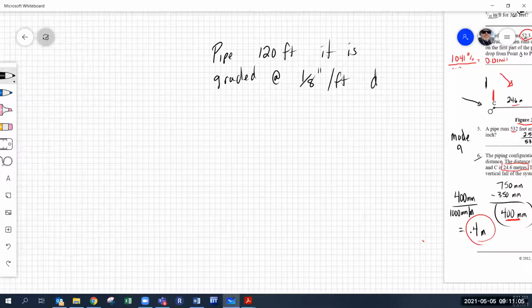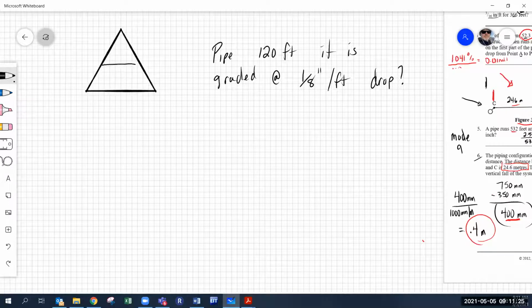What is the drop? And remember this formula triangle where the drop is equal to the run times the grade.